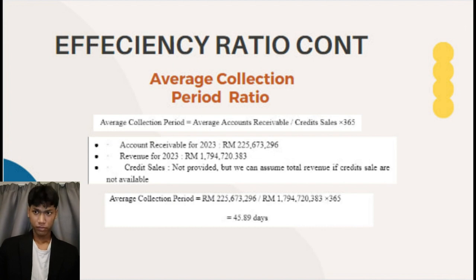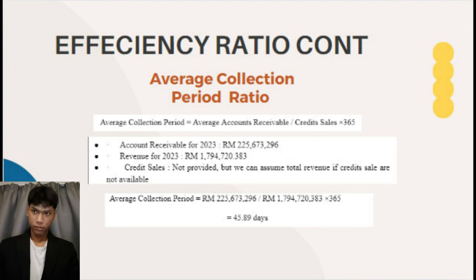225,673,296 ringgit. So the revenue is 1,794,720,383 ringgit. This is assuming total revenue is from credit sales.